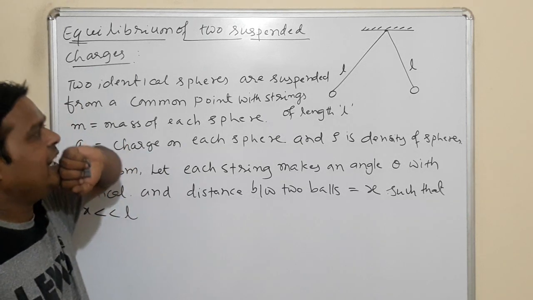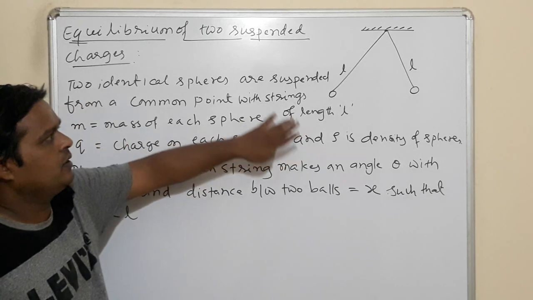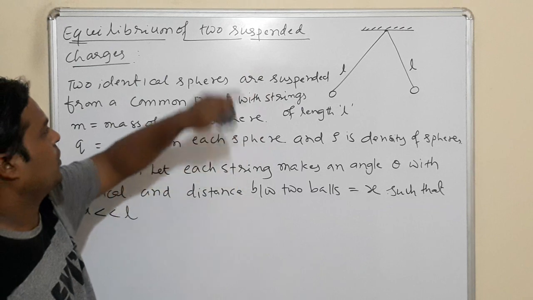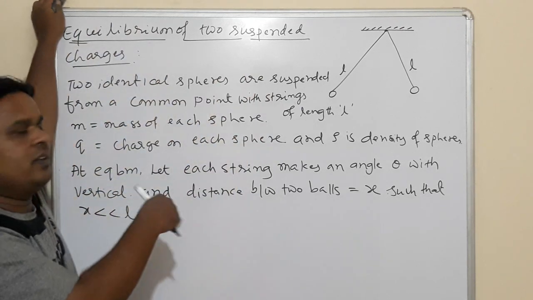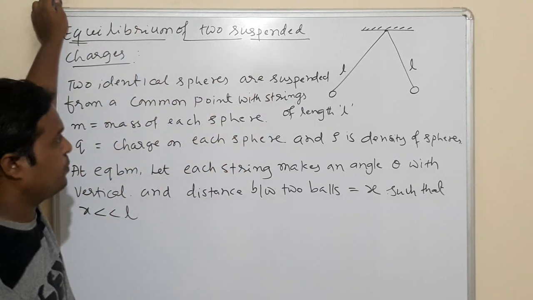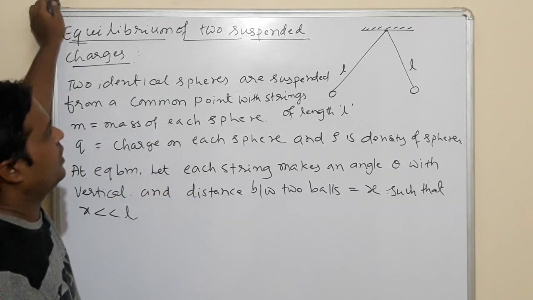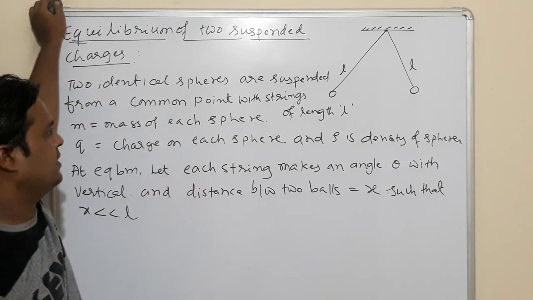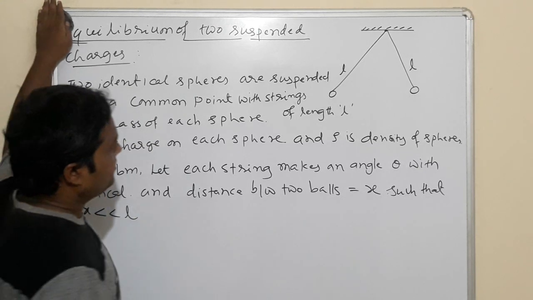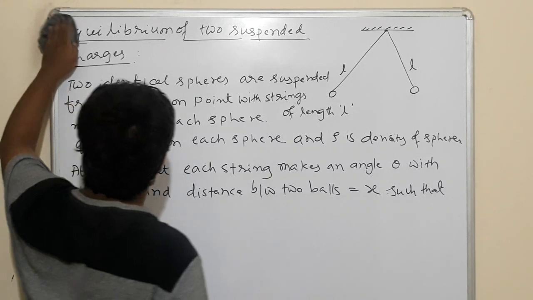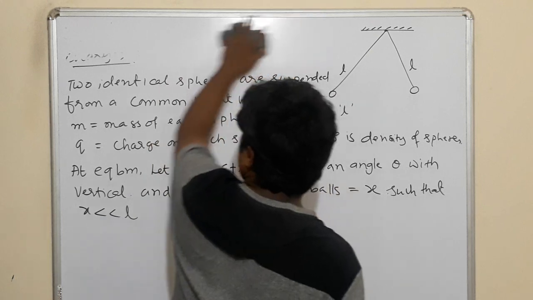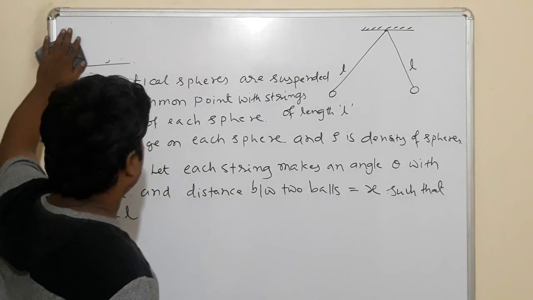What are the necessary equations that you have to write here? How will the questions possibly be asked? After this we will solve some 4-5 examples of previous exams. Then we get an idea about what the equilibrium of suspended charges is. Then to start with, this is the situation I explained. What is m?